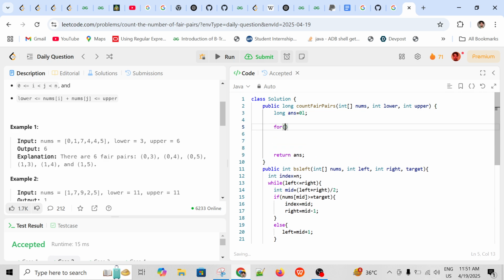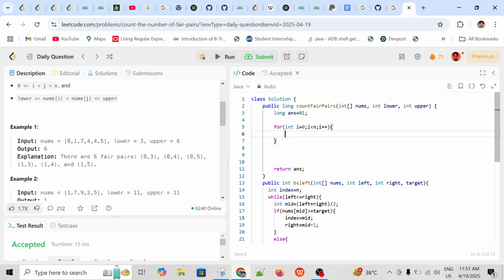And for int i equal to 0, because you have to sort the array.